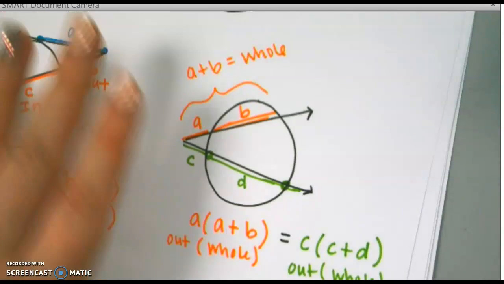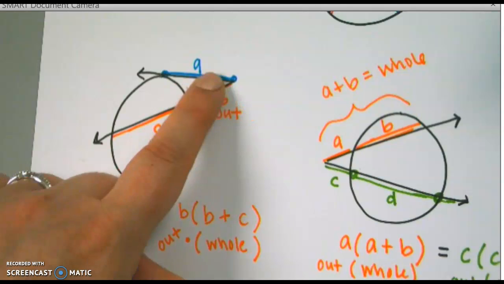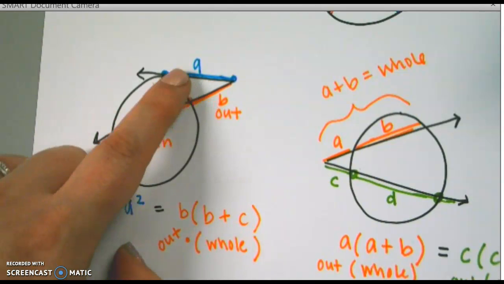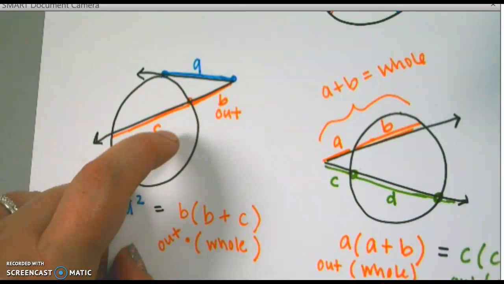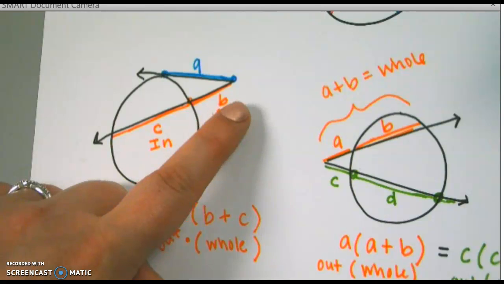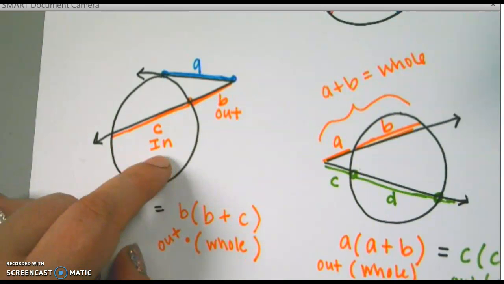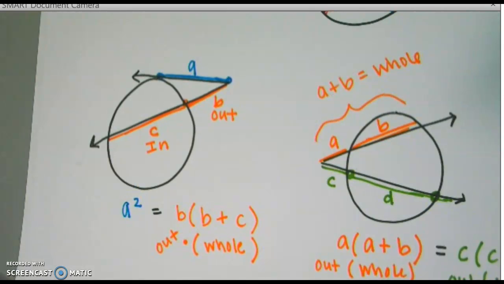All right, moving over to a tangent and a secant. The tangent is just one piece, and so I've labeled that as A. The secant, however, is in two pieces. There's the piece outside the circle, and then there's the chord piece that is inside the circle. So this is the rule. Every single time you have a tangent and a secant, this is how you do these problems.